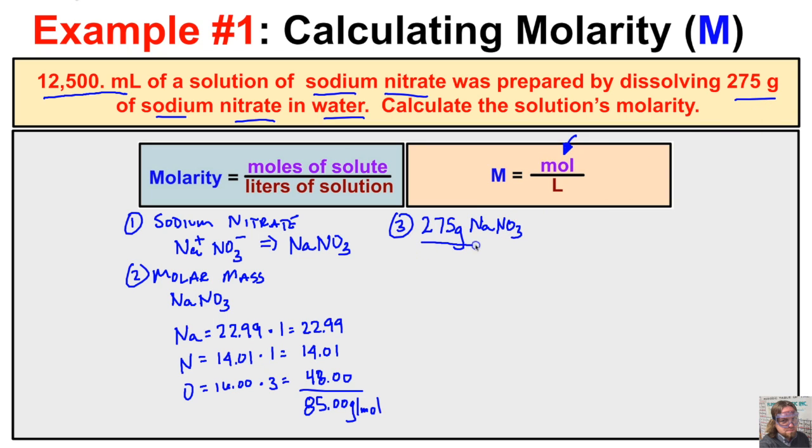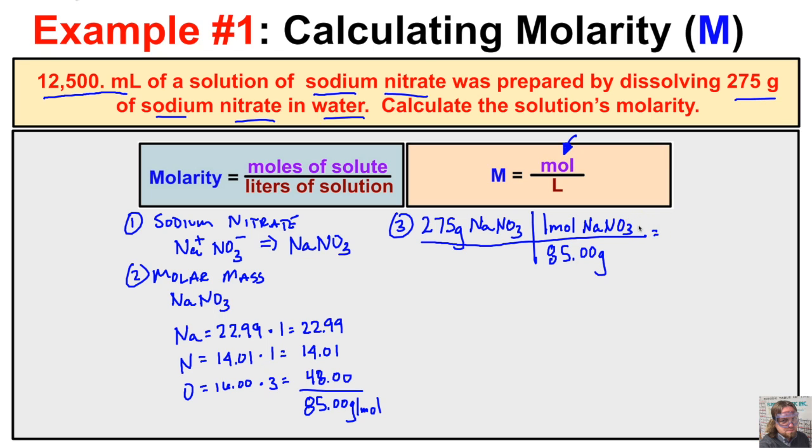And we're going to have to convert it to moles. So we know that 1 mole of NaNO3 is 85.00 grams.